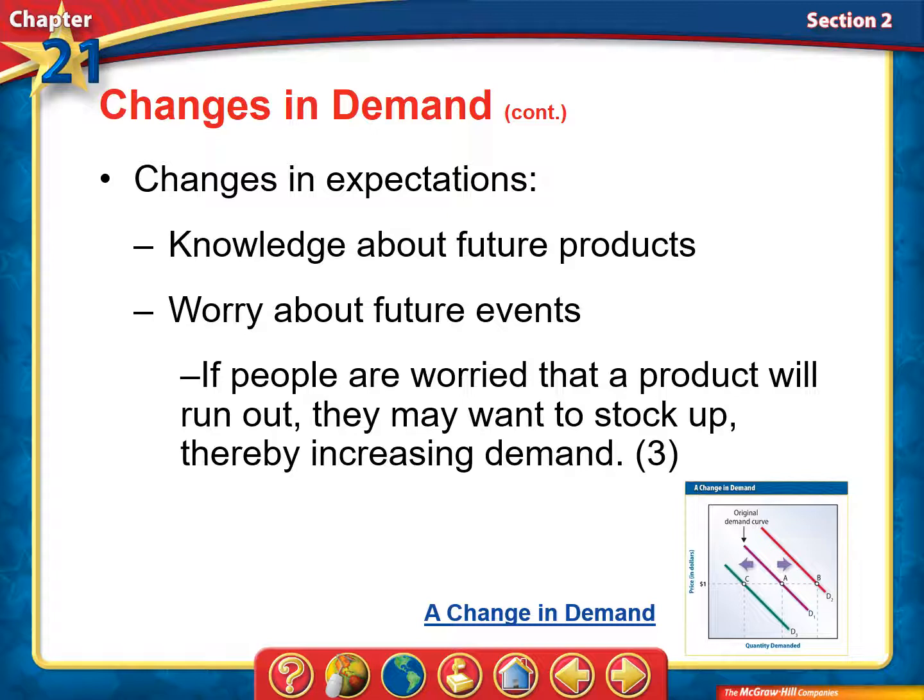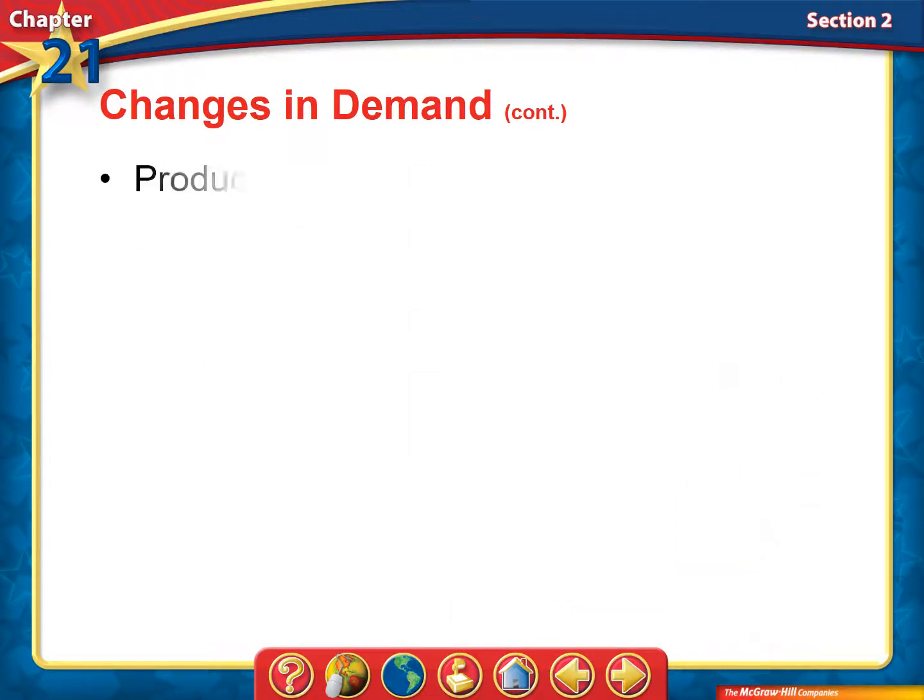They're a military contractor. They're mercenaries for hire, basically. And they're one of the primary groups that we use when we don't have soldiers to deploy. So a lot of the folks in Iraq right now are private contractors. So if we go to war, buy stock in Halliburton. It's a pretty safe bet. Worry about future events affects demand.